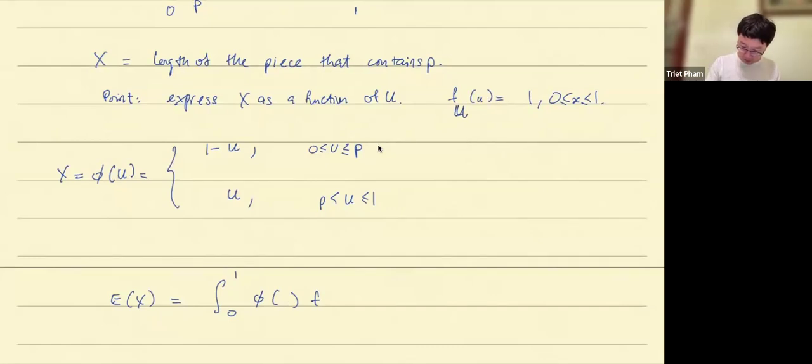So phi of little u, times the density of the capital U, a function of little u, du.